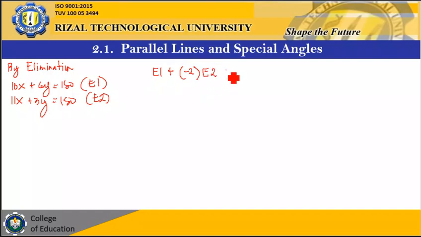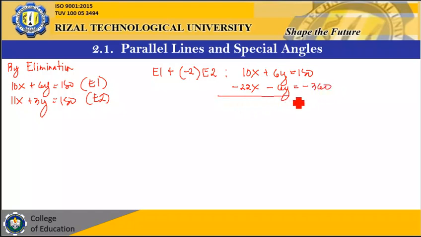That would be 10x plus 6y is equal to 180, and negative 2 times equation number 2 here is negative 22x minus 6y is equal to negative 360.